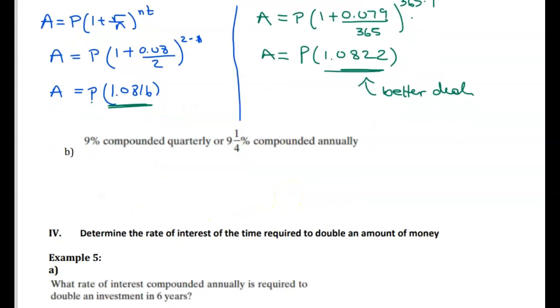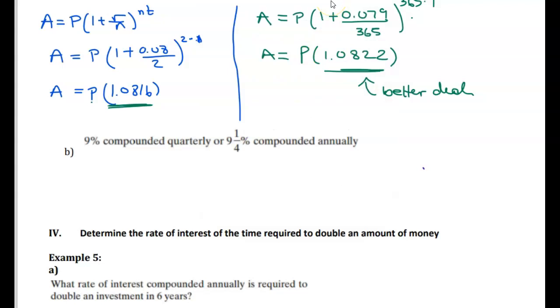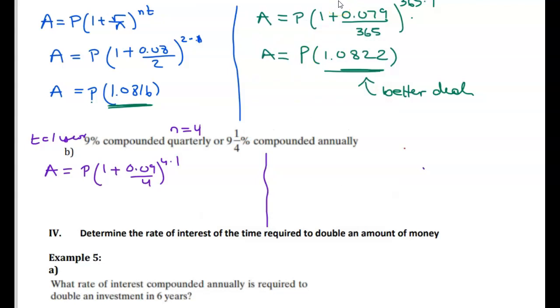All right, let's look at the next comparison. 9% compounded quarterly, where n is 4. Again, look at it over 1 year. So we have the principal times 1 plus the interest 0.09 divided by 4, to the 4 times 1, compared with 9.25% compounded annually.